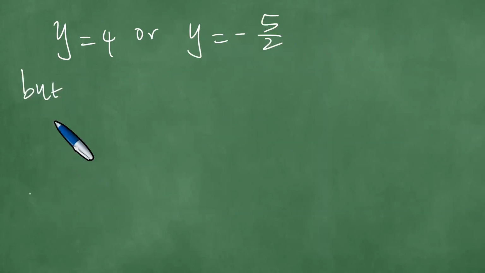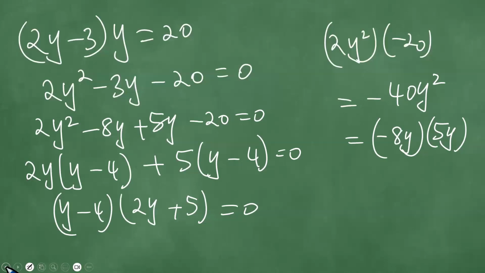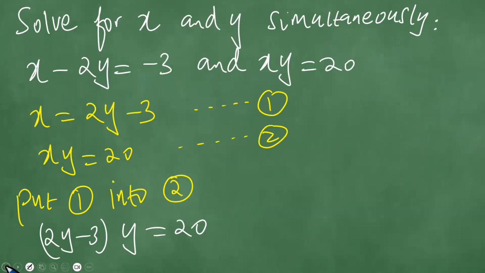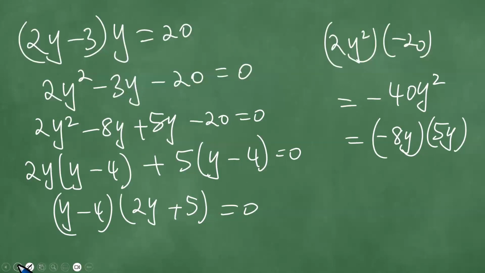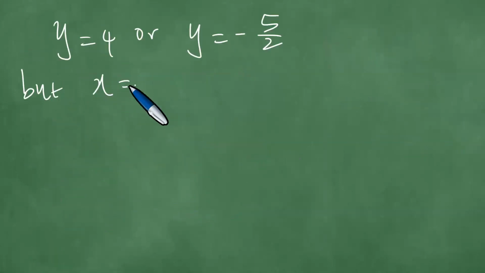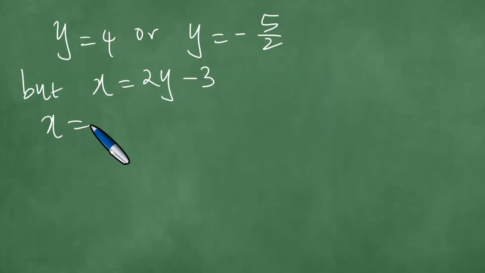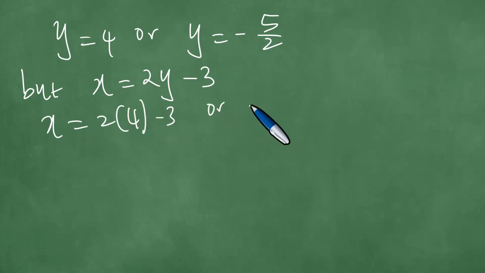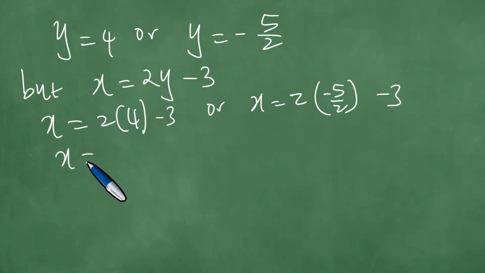But we have that x is 2y minus 3. So x is 2 times this minus 3. When y is 4, x is 8 minus 3, which is 5.